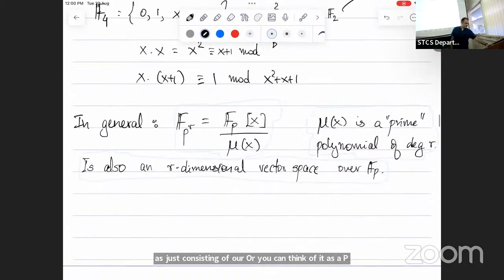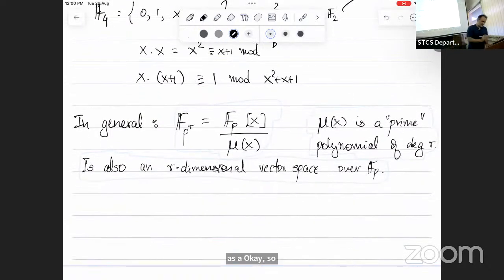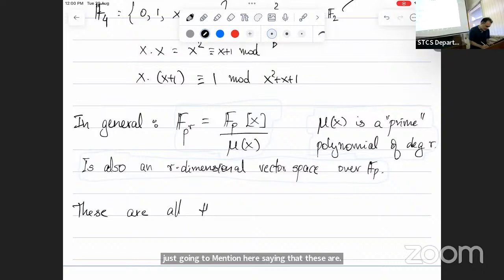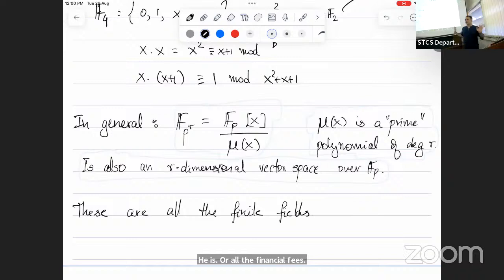Okay, so something that we will not need, but I'm just going to mention here, is that these are all the finite fields. That is, there is no more.